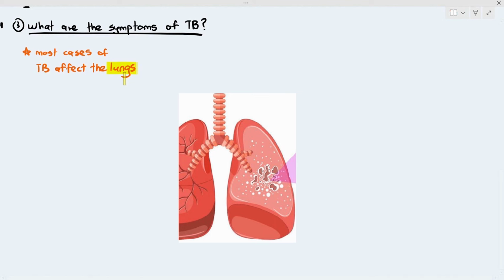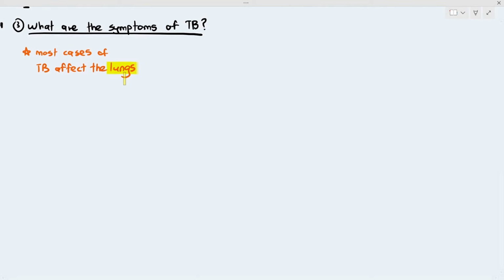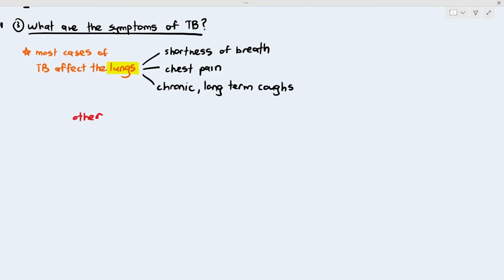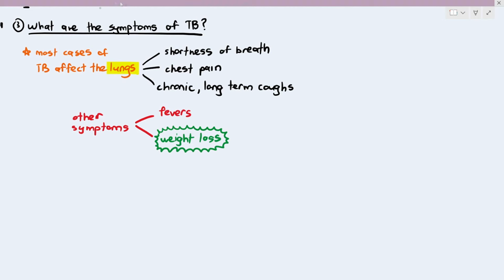Tubercles just look like these circular nodules that start appearing in our lung tissues, due to the growth and damage from the bacteria. And because it affects the lungs, the symptoms are usually also lung related or chest related. Sometimes the person may have shortness of breath, they may have chest pain, chronic long-term coughs, and other symptoms may include fever and, quite commonly, weight loss.